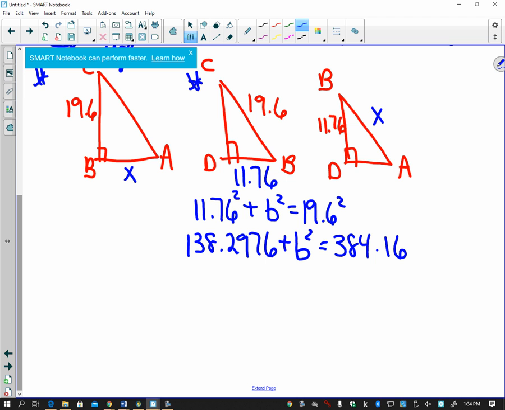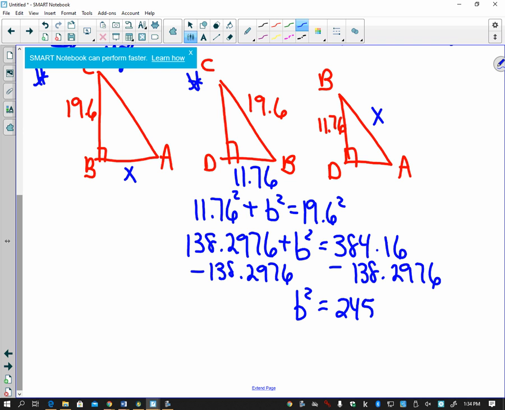Okay, those have been squared, so we would subtract 138.2976 from both sides. Leaving me with b squared equals 245.8624. And then finally we'd want to square root both sides.